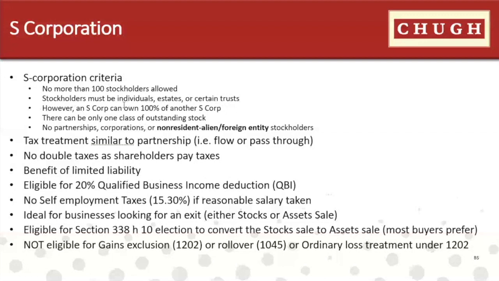The type of stock it can issue is only one type, usually common stock. It cannot issue preferred stock, and because of this limitation, all these VCs and angel investors, who really look for preferred stock, do not see the S corporation as a preferred form of entity.